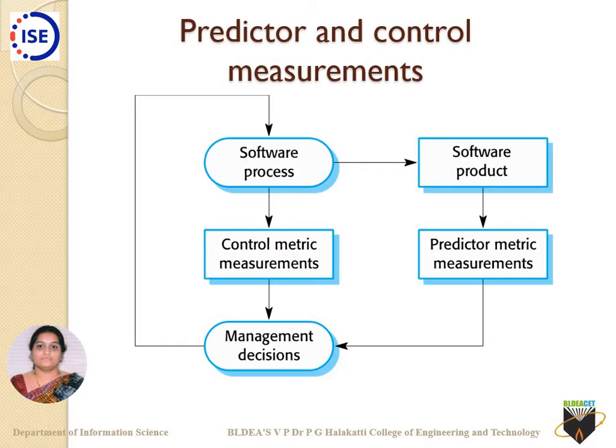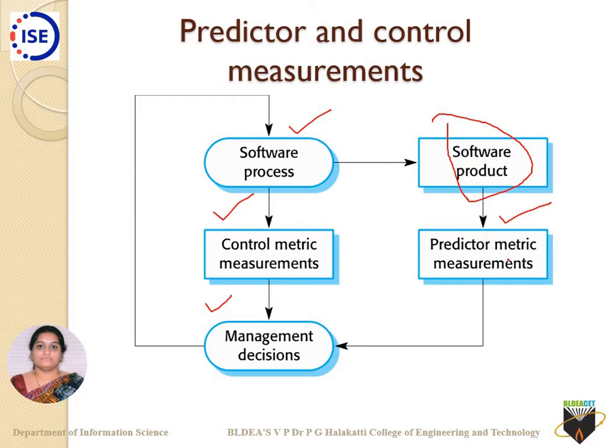If I am speaking about these measurements, here you have a software process. After the software process, I have control metric measurements, then I have management decisions. When I am going through a software process, I have a software product with me, and there are predictor metric measurements.